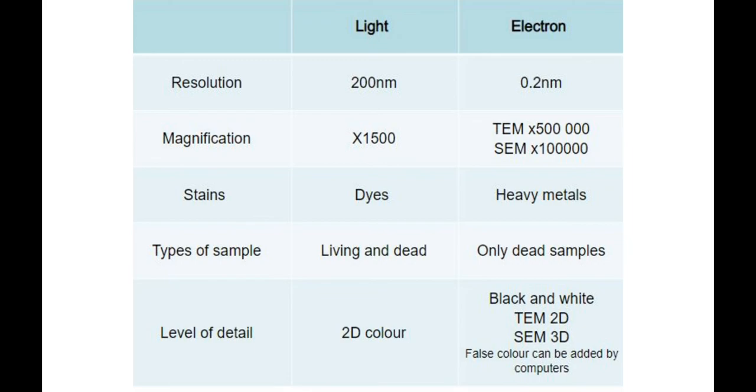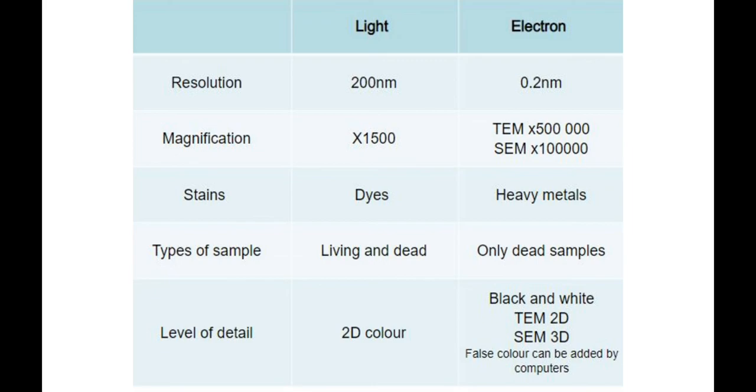So with the electron microscope we can get 1,000 times better resolution. But in the electron microscope, people use heavy metals to coat the object, and in the light microscope they use dyes to get a colored image and a more contrasted image.